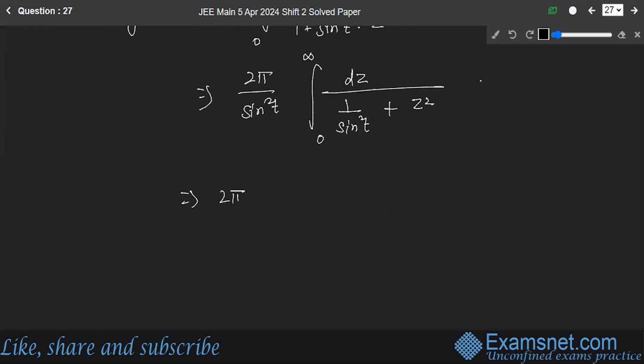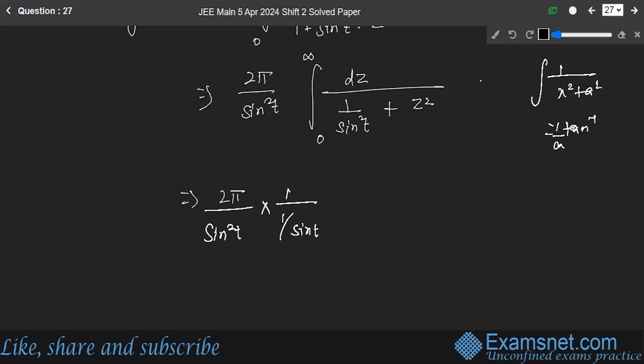This will be 2 pi upon sine square t multiplied by 1 upon this, because you know the integral of 1 upon x square plus a square is equal to 1 upon a into tangent inverse x upon a. So here will be tangent inverse z into sine t, right?